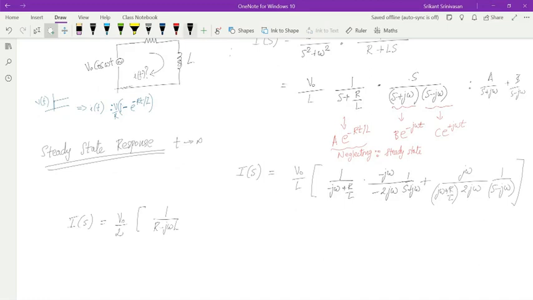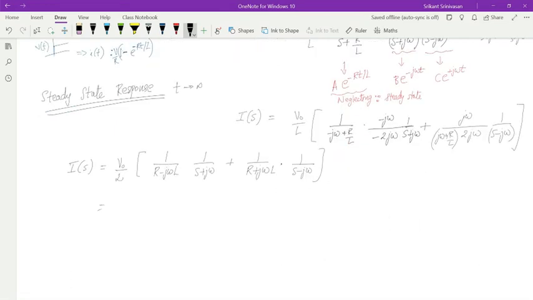So now I'm left with 1 by R minus j omega L into 1 by S plus j omega plus 1 by R plus j omega L into 1 by S minus j omega.